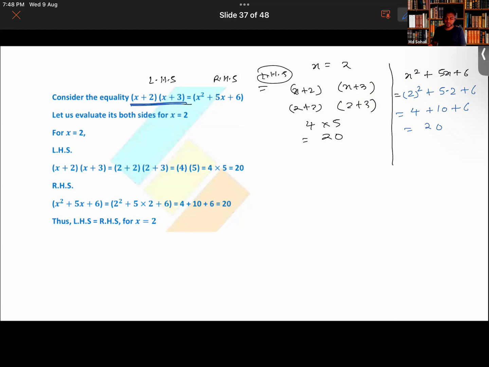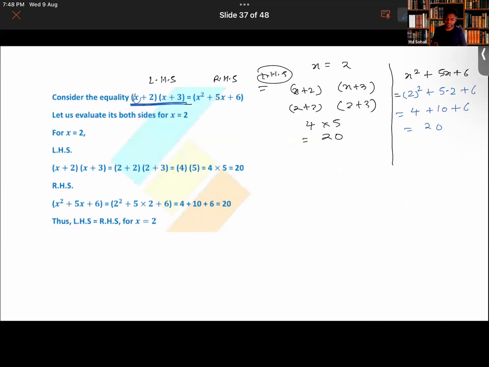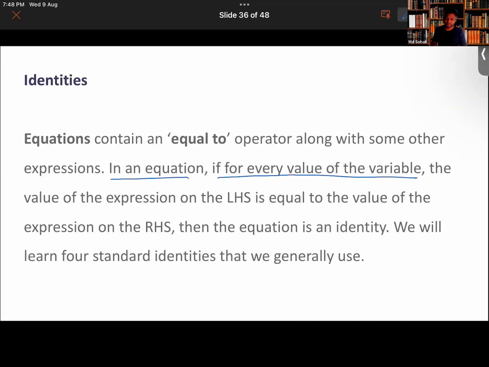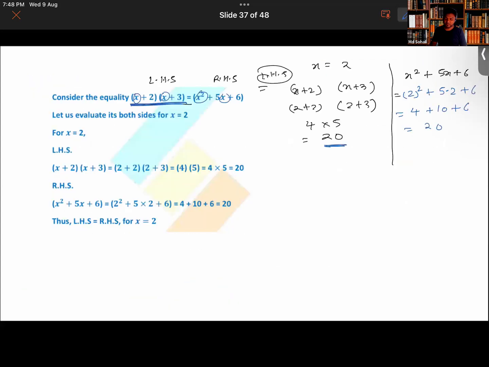Getting it? So as the definition says, in an equation, if for every value of the variable, the variable x here, the value of the expression on the left hand side is equal to the value of the expression on the right hand side. So on both the sides we were getting the same value, no? 20 here and 20 there as well.